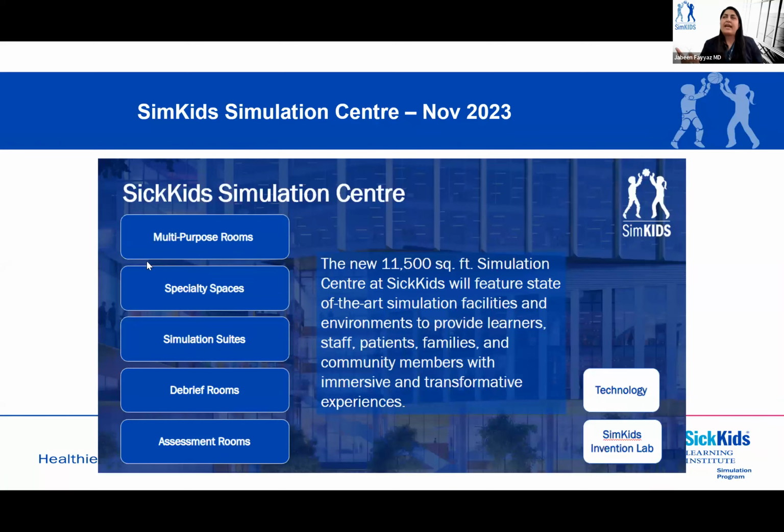And yearly, we have almost 30,000 plus learners that go through those 2 spaces. What I'm trying to say is that it is a huge misconception that you can do a lot of simulation only if you have a big Sim Center or a hi-fi costly technology. This is not the case. As I said, if you look into the definition of simulation, simulation is not about technology.